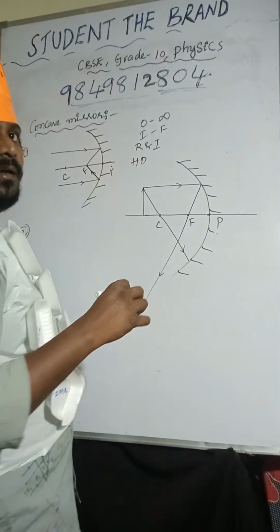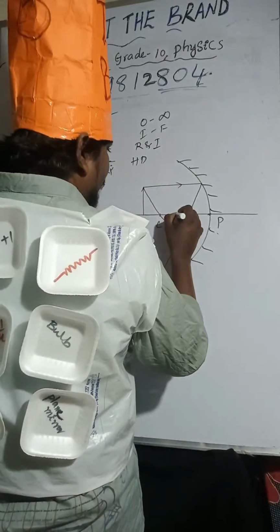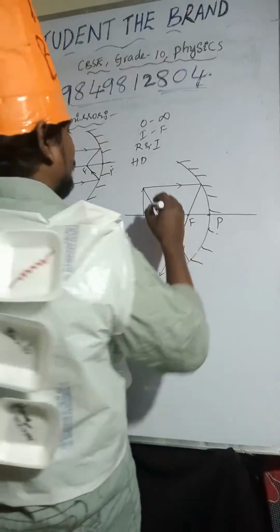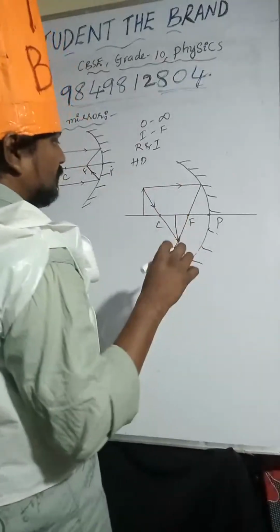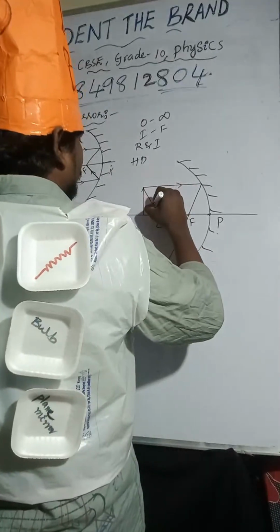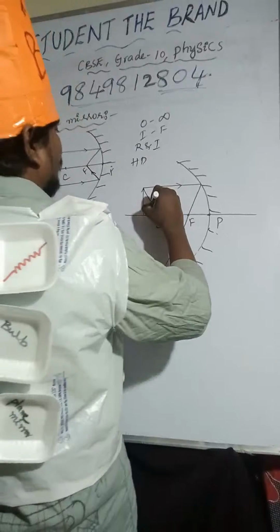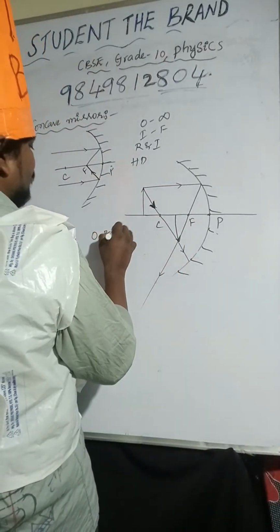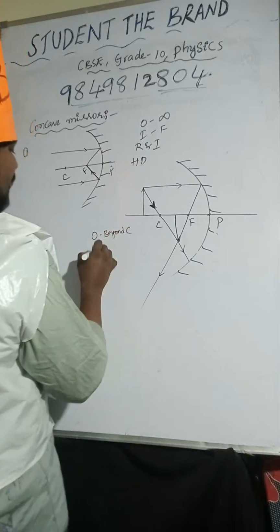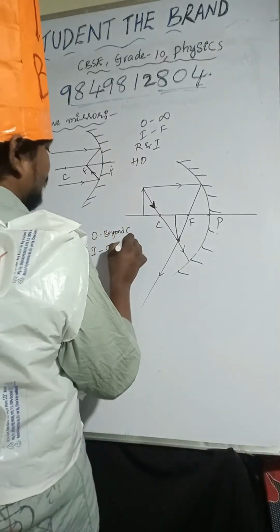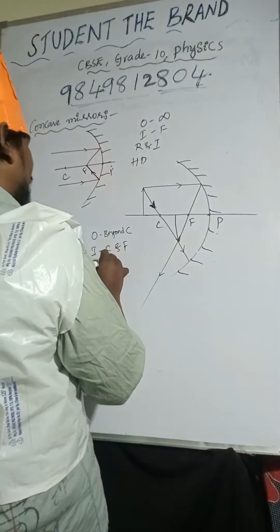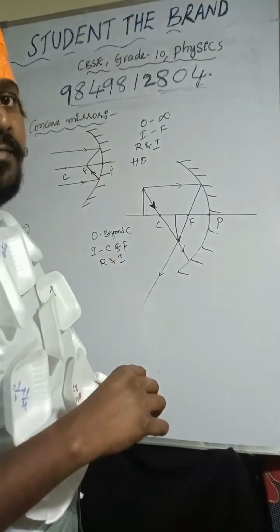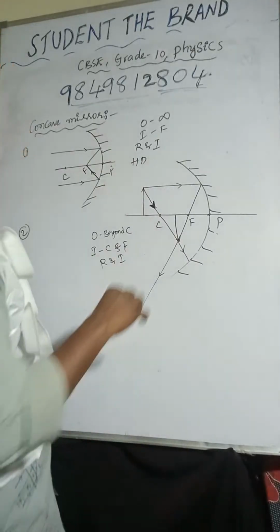So here the image is formed between C and F. Object is placed beyond C, image is forming between C and F. Nature of the image is real and inverted. Size of the image is diminished.